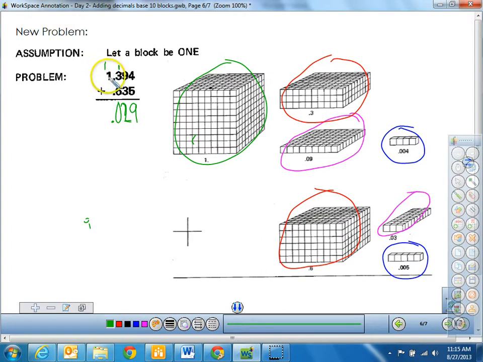So now I add 1 whole plus 1 whole to get 2 whole numbers. So when I add 1 and 394 thousandths plus 635 thousandths, I get 2 and 29 thousandths. That's my answer.